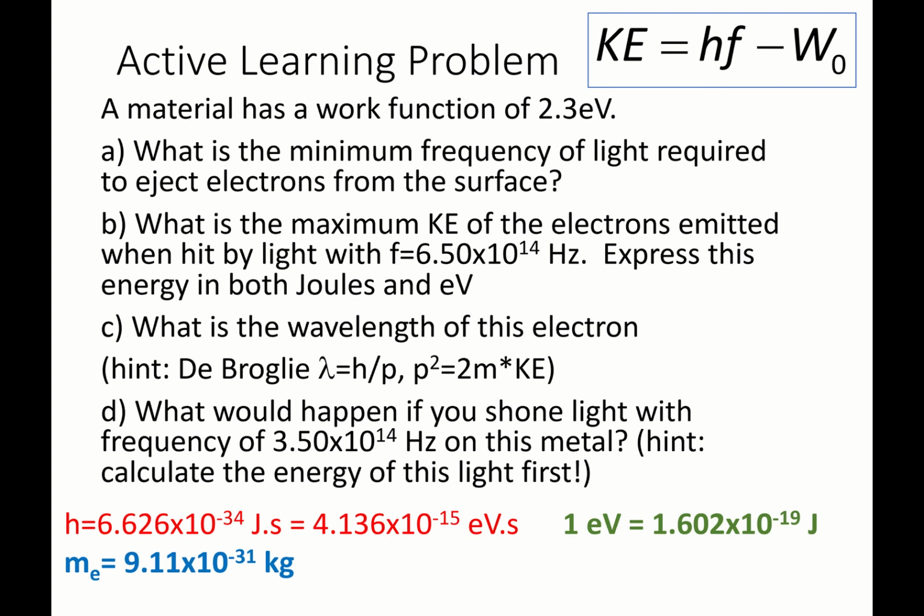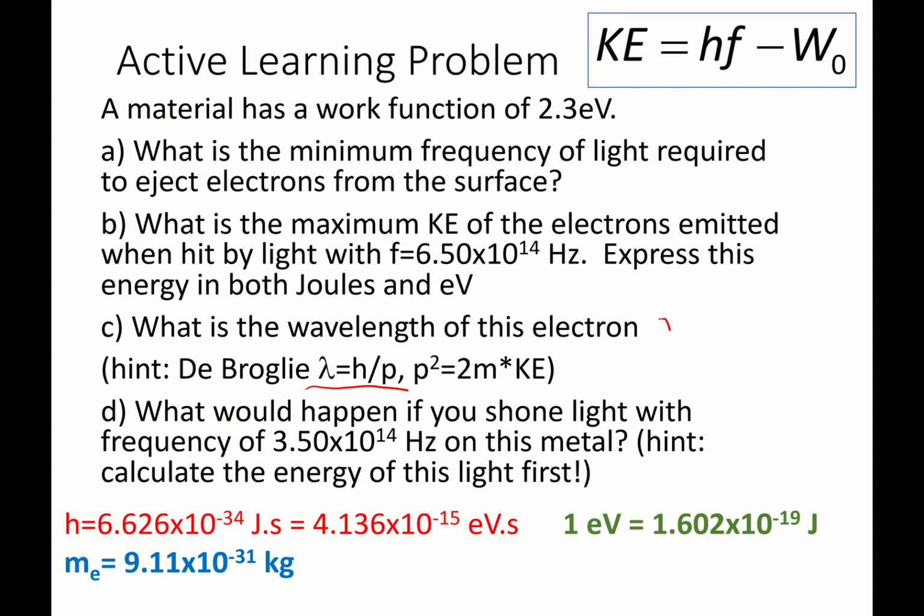And then based on the kinetic energy, you can find the de Broglie wavelength using lambda equals h over p. And you can use the conversion. Remember, p equals mv, and kinetic energy is 1/2 mv squared.